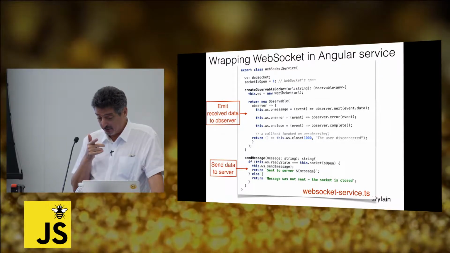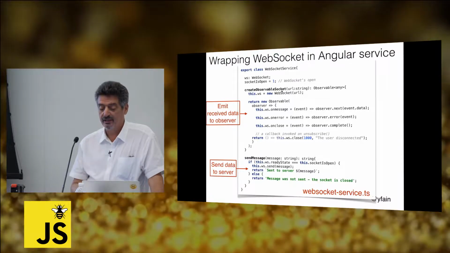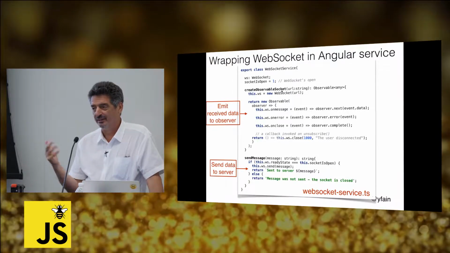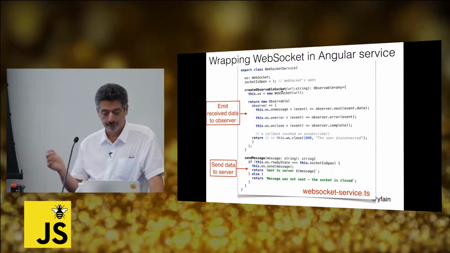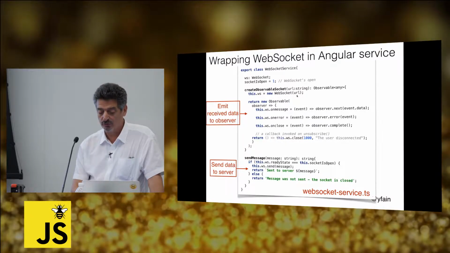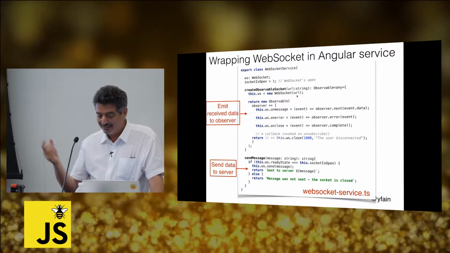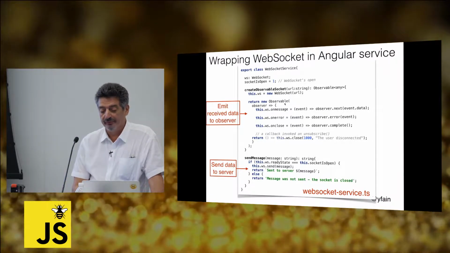So the client will invoke this method on my service, and they will give me this URL, for example, ws localhost 8085. When I get it, I create an instance, again a standard WebSocket object for this URL. It'll connect to the server, and I return a new observable.